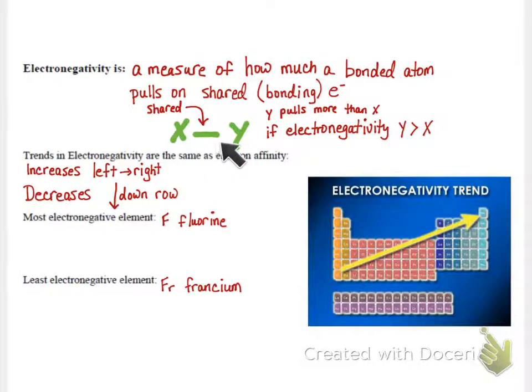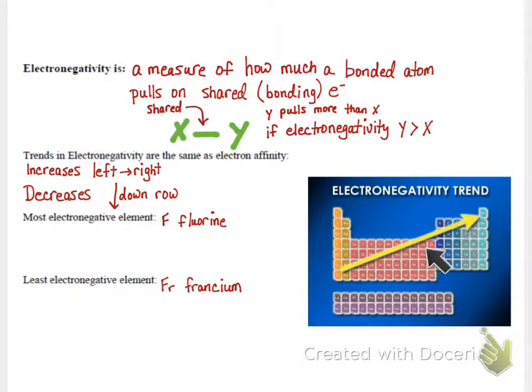So we can look up the electronegativity of all the atoms on the periodic table and figure out what kind of bonds they're going to make. The trends in electronegativity are exactly the same as for electron affinity. They increase as you go from left to right across the periodic table, and they decrease as you go down in a group.